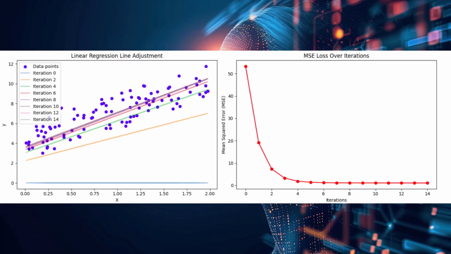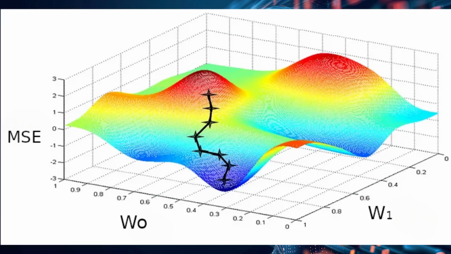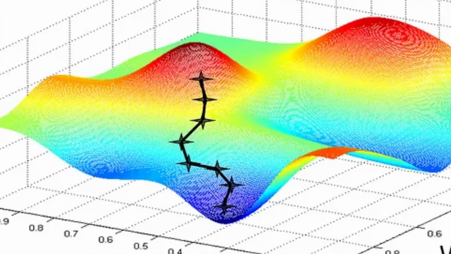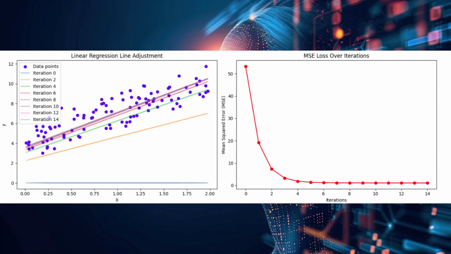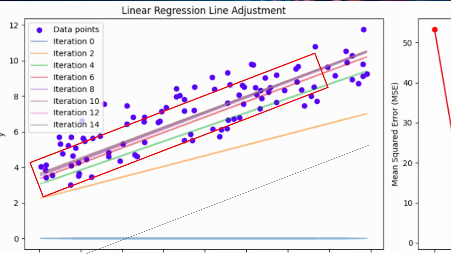By the end of our iterations, we have found the optimal values of w0 and w1 that minimize the error, represented by the lowest point on the MSE curve and the final line on the left plot. This final line is our model's best fit to the data, with the lowest achievable MSE for this linear relationship.